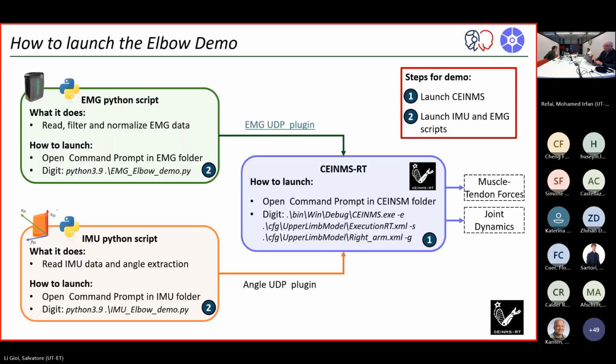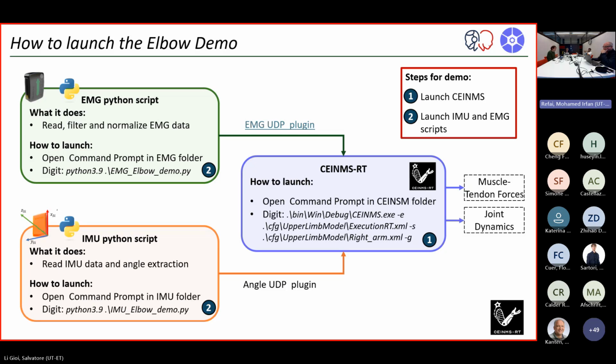This is, in brief, a summary of how this demo is going to work. We have the EMG Python script that is able, thanks to the SDK of the Trigno, to read, filter, and normalize EMG data. We have the IMU Python script that is able to read the IMU data and also extract the angles.